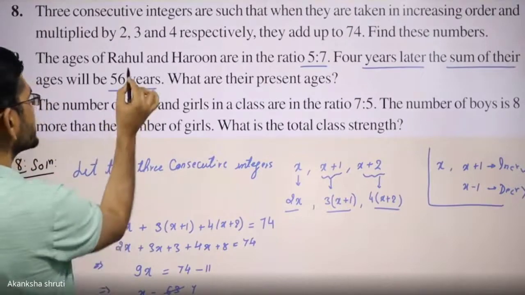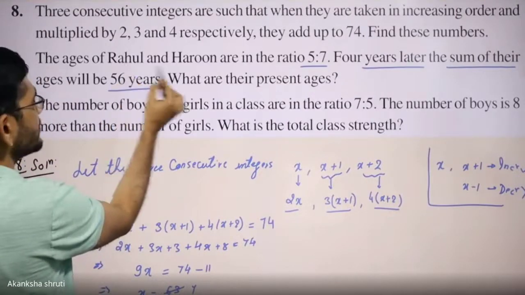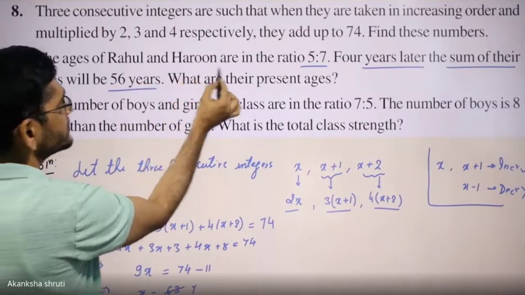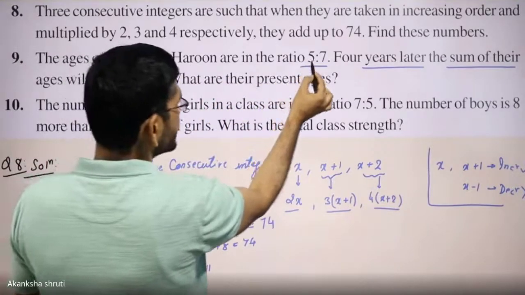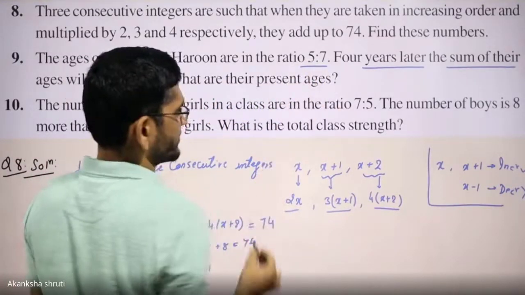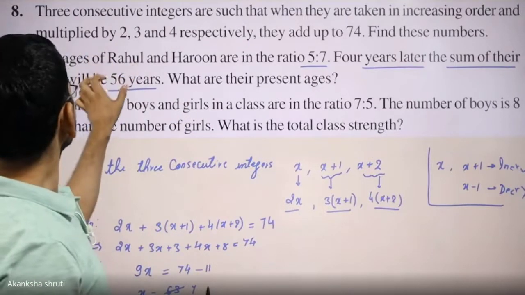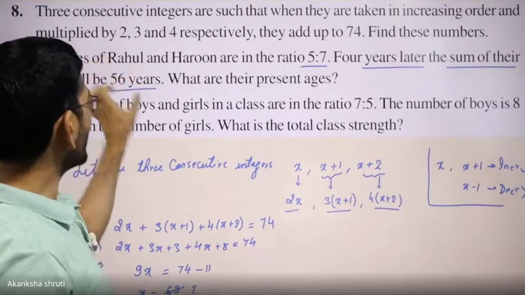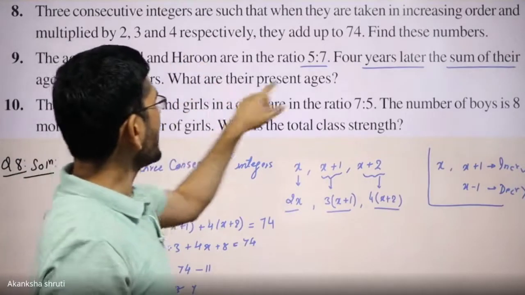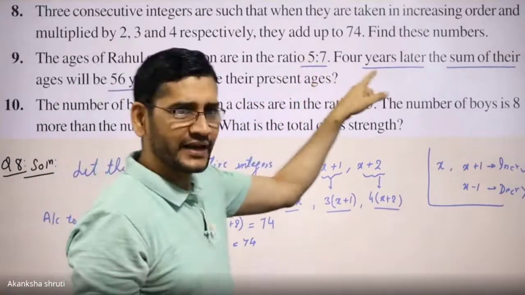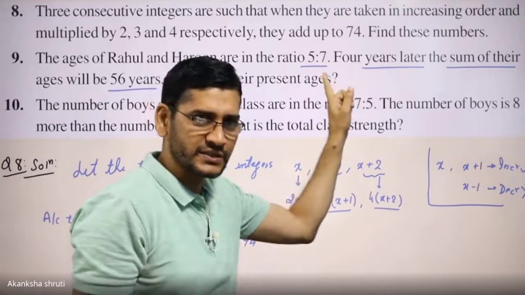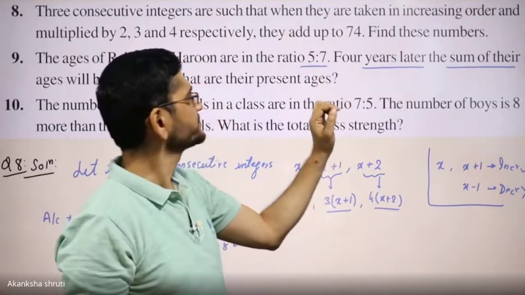So two persons are there, one is Rahul, another is Harun. Their ages are in the ratio of 5:7. I have just explained: if I assume the age of Rahul as x, then the age of Harun will be 5/7x. Just the concept I explained in the previous question.